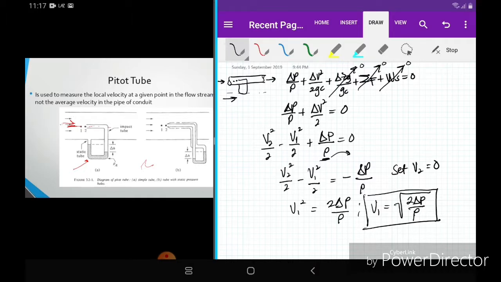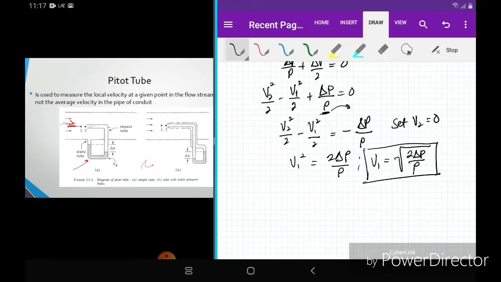Now, to further simplify this, V sub 1 is equivalent to C sub P times the square root of 2 delta P over density. This is your equation for the pitot tube, wherein C sub P is the pitot tube coefficient.